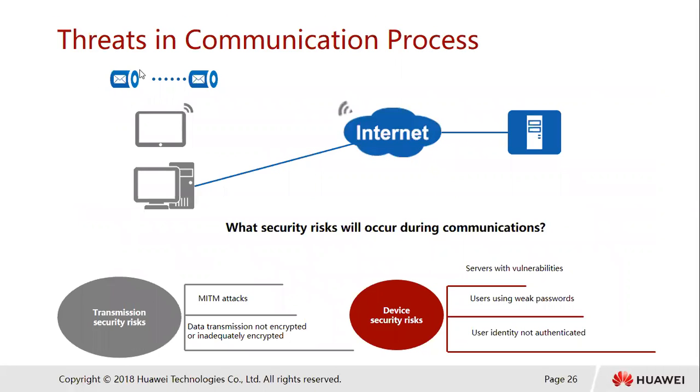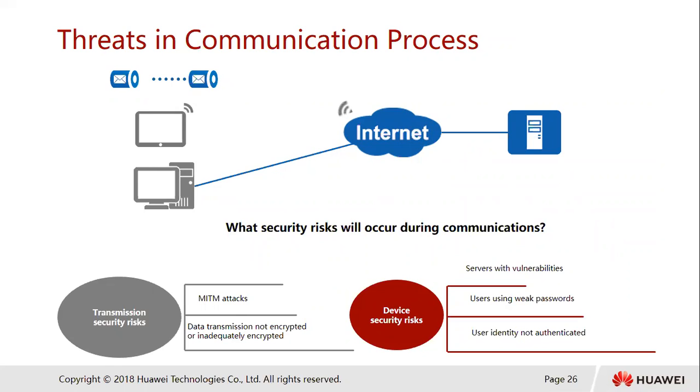Threats in communication processes. In the communication process, we have threats such as the man-in-the-middle attack, data transmitted that is not encrypted, and users who are using weaker passwords. You are supposed to use a strong password. What is a strong password?